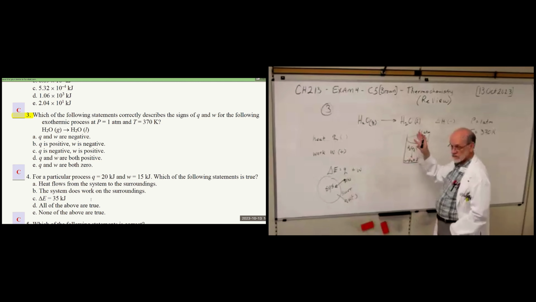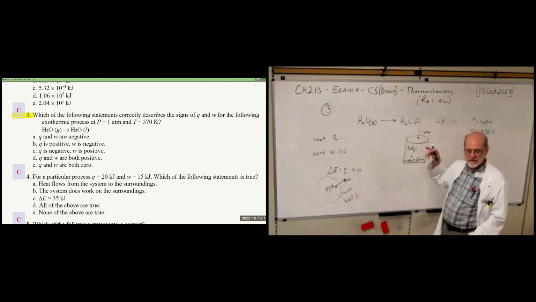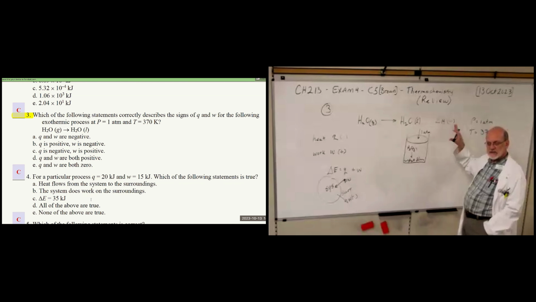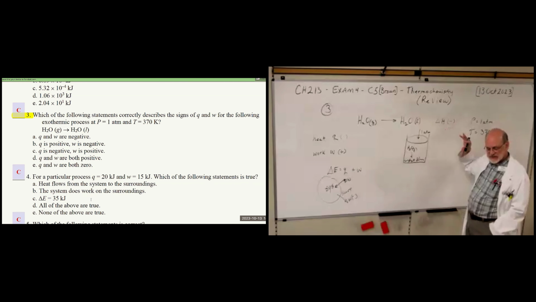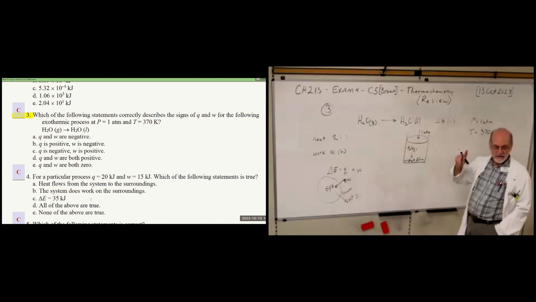And also, I don't know if you caught this in the video, but Q and delta H are not necessarily the same thing. Delta H is an enthalpy. It's a state function, and it's a potential for energy production or energy absorption. The key is pressure.